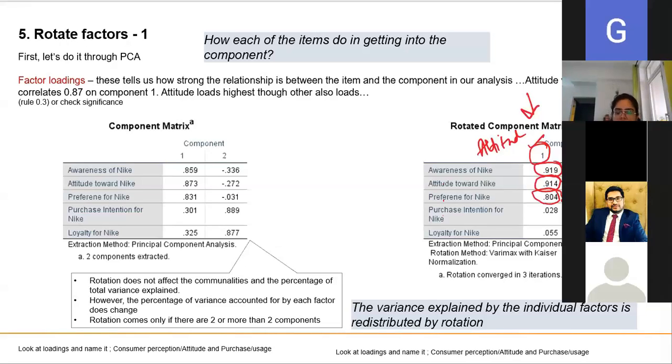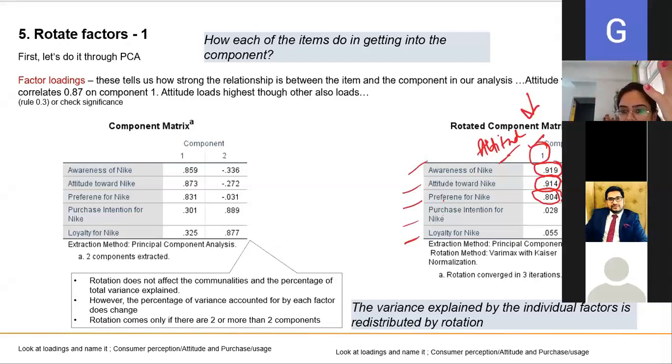So you can say that from these 5 variables, that is awareness, attitude, preference, purchase, and loyalty, we can zero down to 2 factors, and we can call these factors awareness or attitude, and one is purchase. You have to just rename these factors based on whatever the loadings are coming.